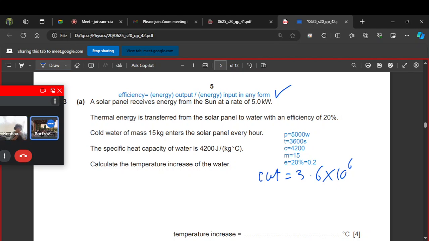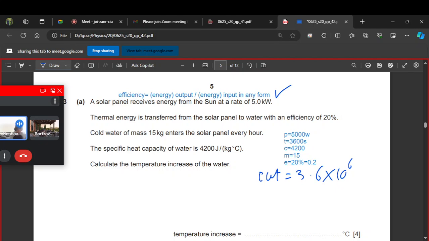Okay. Should I solve it? So I think I can solve it. One second. Okay, so thermal energy is 3.6 million. So we use the specific heat capacity formula to find delta T. So we do E divided by c and m.